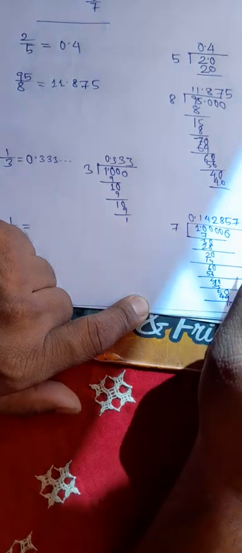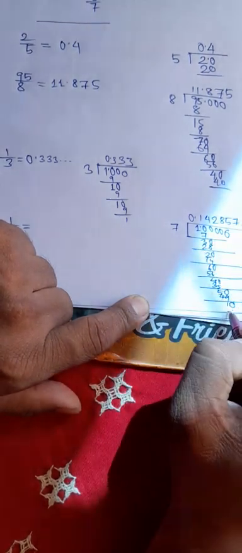Again you find 7 1s are 7. So this will continue again, right?